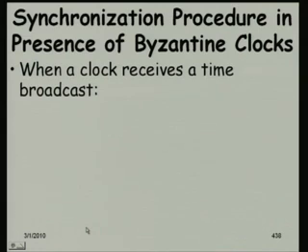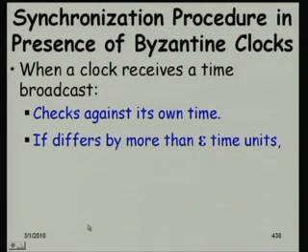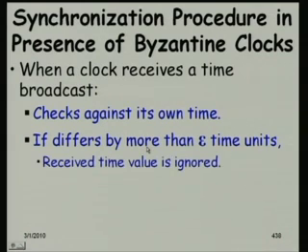Now, when a clock receives a time broadcast, it checks against its own time. If it differs by more than epsilon time units, then the received time value is ignored because it has drifted more than epsilon. The drift is to be restricted to epsilon, isn't it?